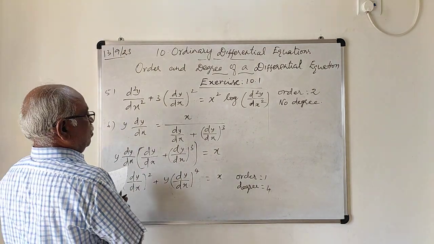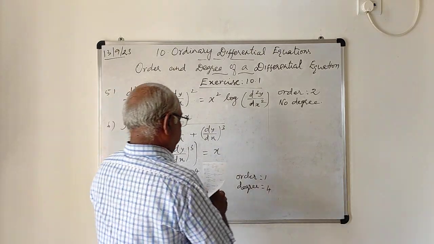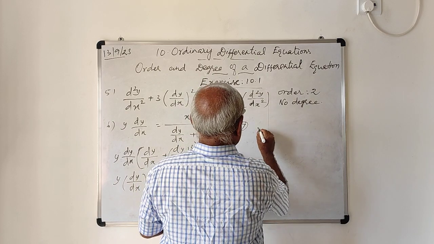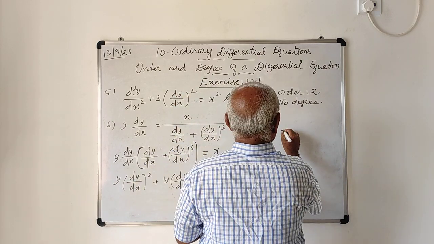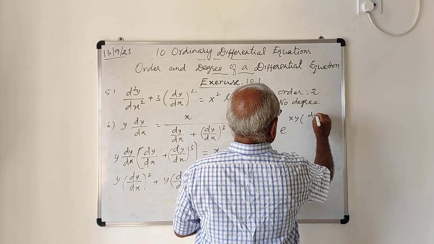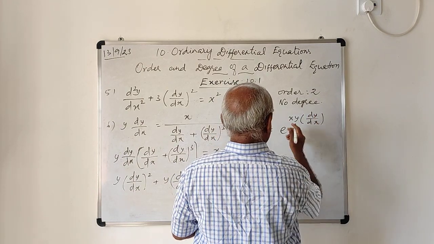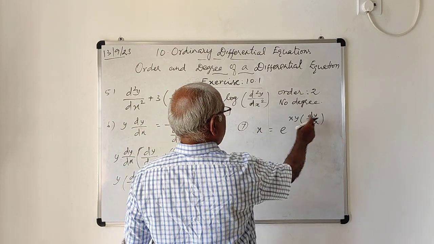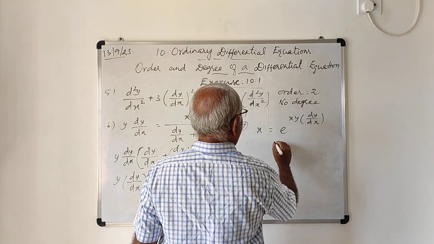And one more problem. Find out the order and degree. The seventh one is x equal to exponential e raised to the power of xy into dy by dx. In this case also the first derivative order is 1.